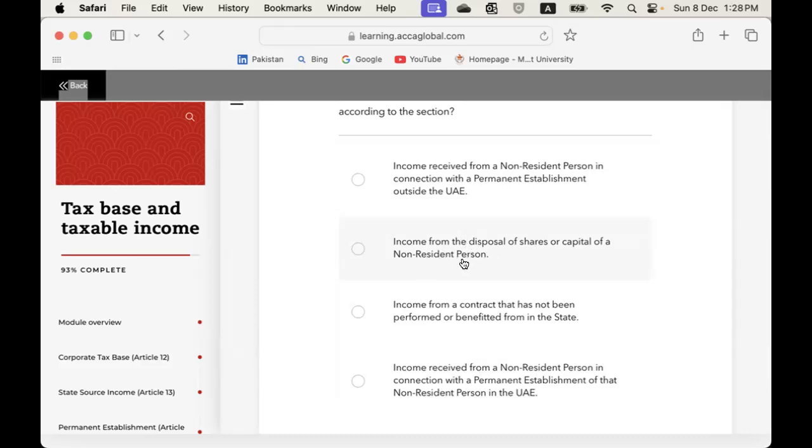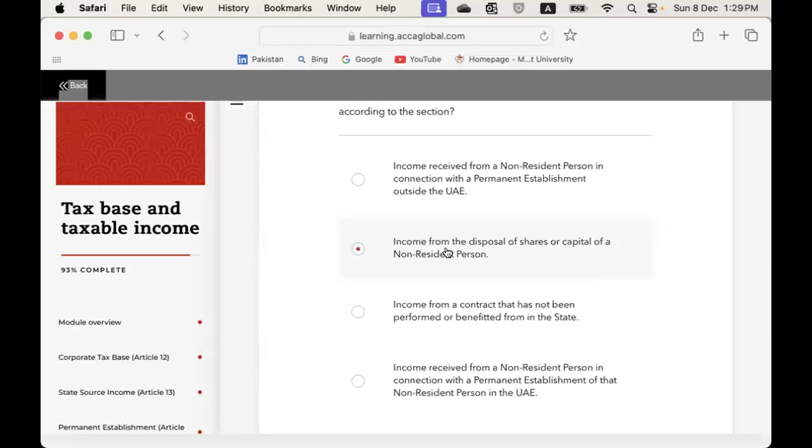So it's a vague statement. The company could be a UAE company. If it is a UAE company and there is income from disposal of shares and capital, even if it is a non-resident person, it will be subject to UAE tax. But if it is a company not in UAE, then it is out of the scope. So this is a vague question.